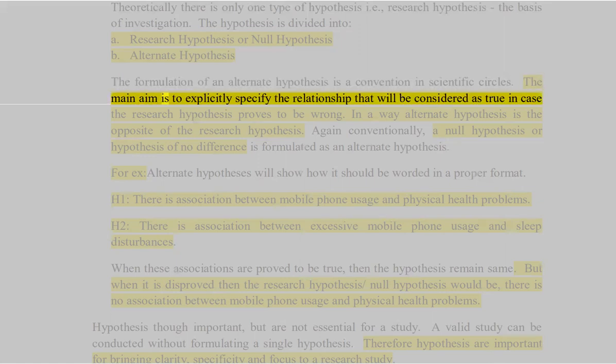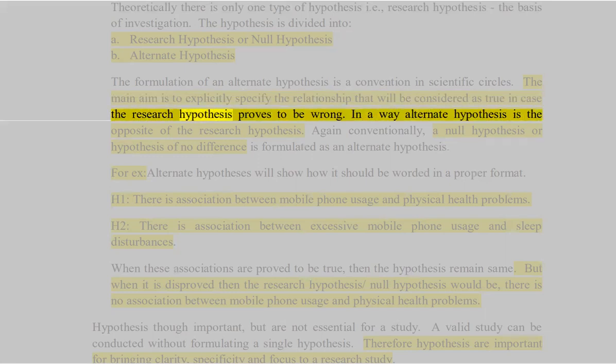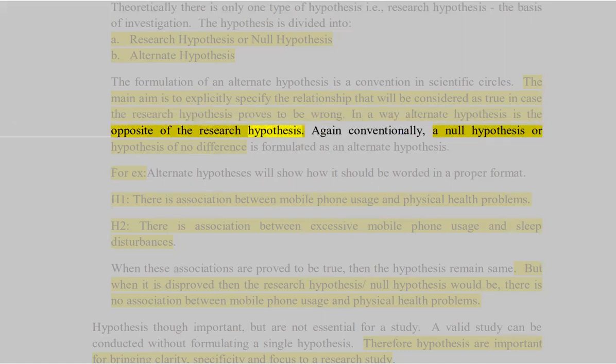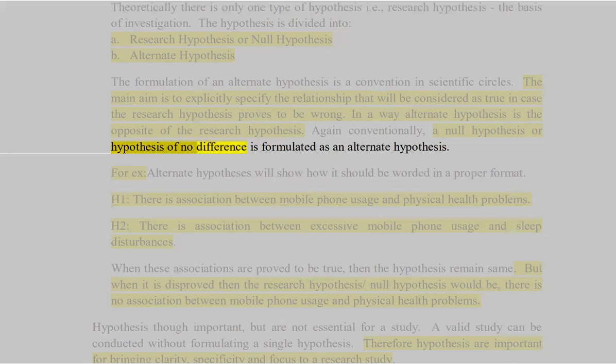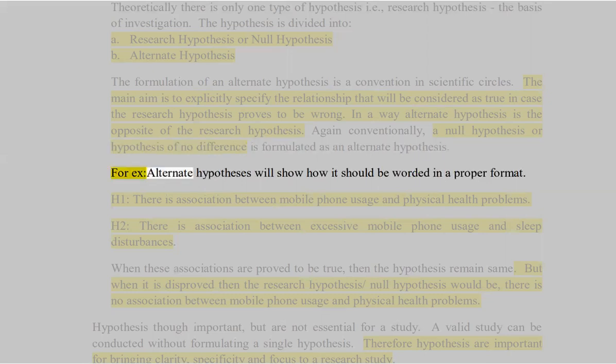The main aim is to explicitly specify the relationship that will be considered as true in case the research hypothesis proves to be wrong. In a way, the alternate hypothesis is the opposite of the research hypothesis. Again, conventionally, a null hypothesis or hypothesis of no difference is formulated as an alternate hypothesis. For example, alternate hypotheses will show how it should be worded in a proper format.